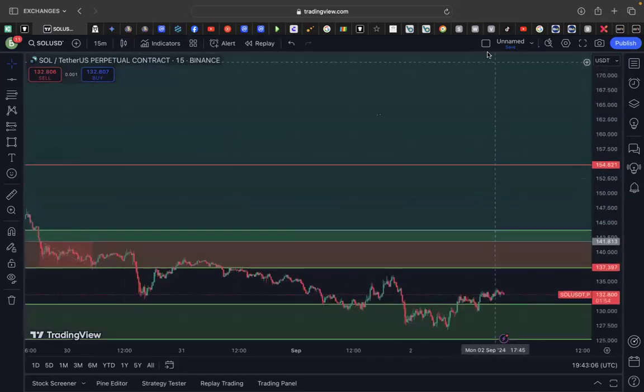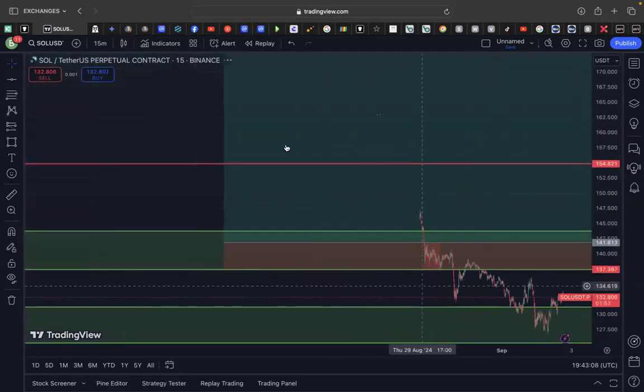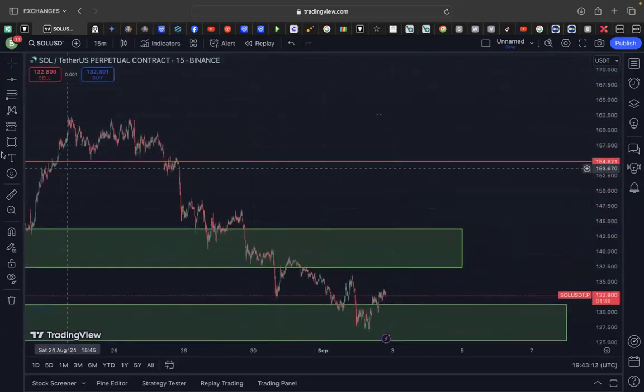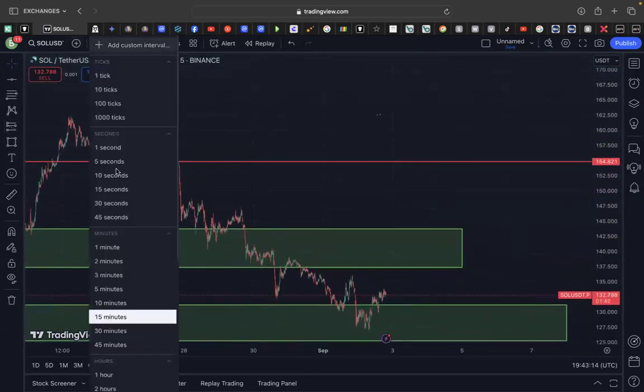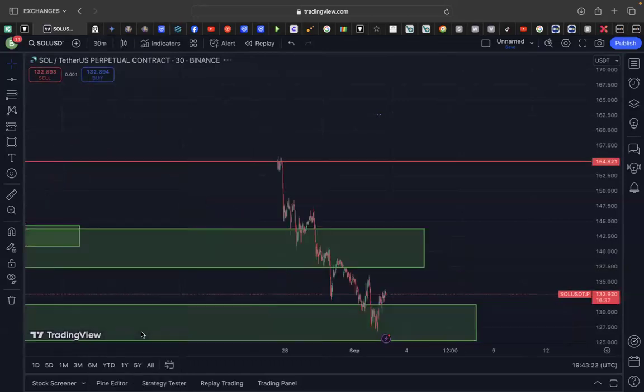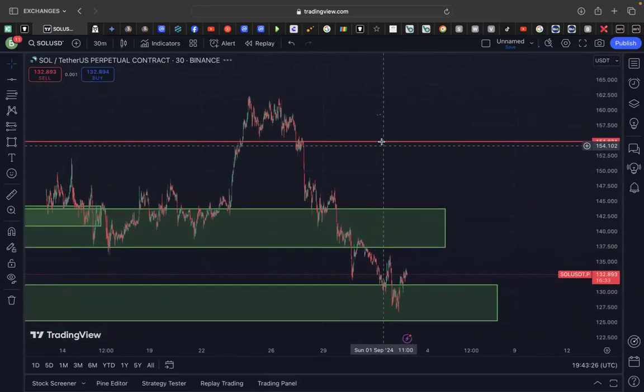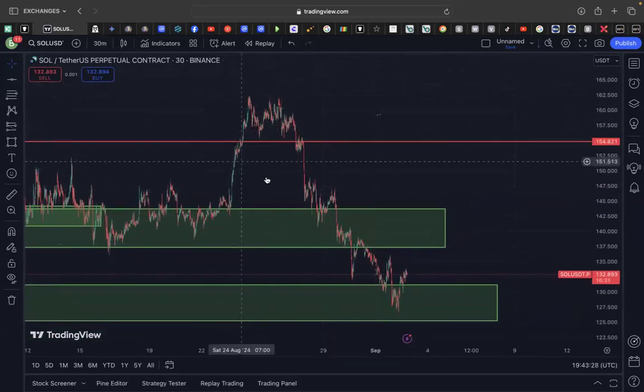Day traders use the smaller charts. They use your 15-minute, your 30-minute, 45-minute charts. Basically day traders use charts like this.